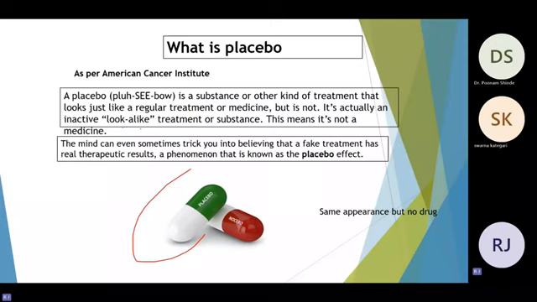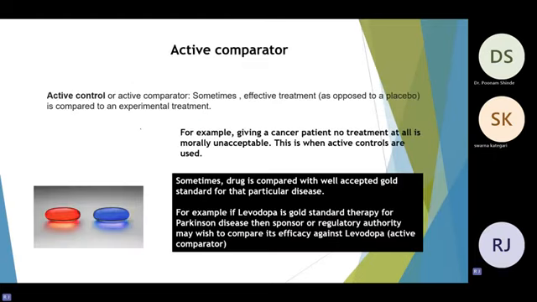But for now, understand that placebo is a drug without any effect, but it looks like a drug. Okay, that is placebo. The second term that we will use going forward is active comparator. You understand what placebo is, right? A substance with no effect.